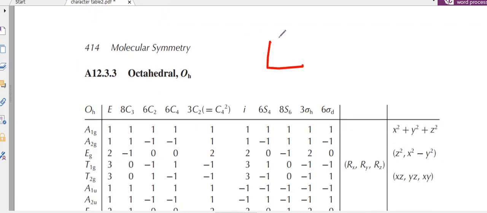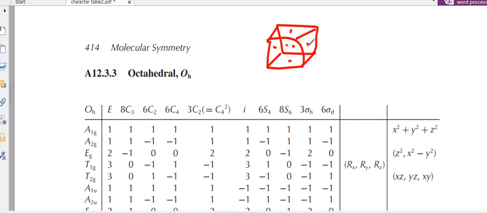Whereas if you take the case of the octahedron, it is once again based on a cube, and that is why it is classified under cubic point groups. But in the case of the octahedron, it is not opposite corners. Atoms are present in the centers of each face of the cube. There are totally 6 faces: top face, bottom face, front face, back face, left face, right face.